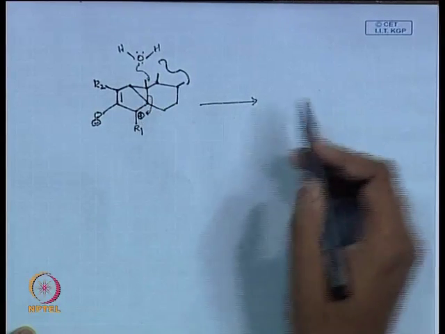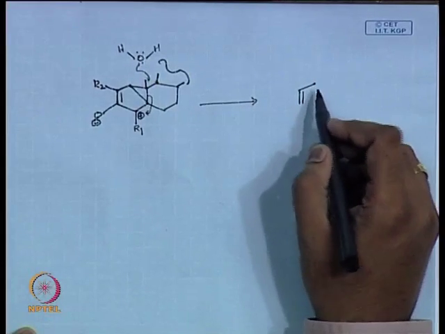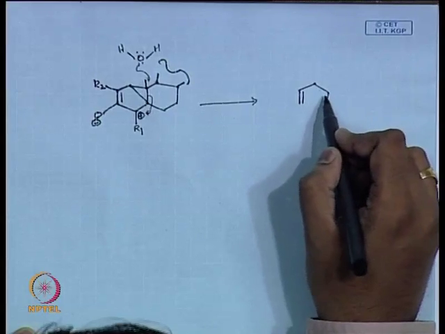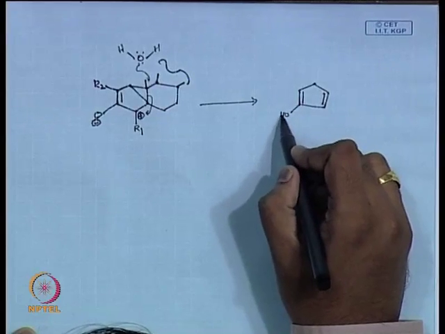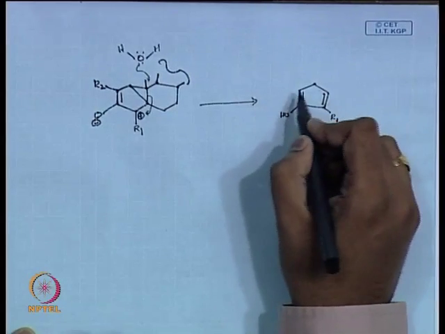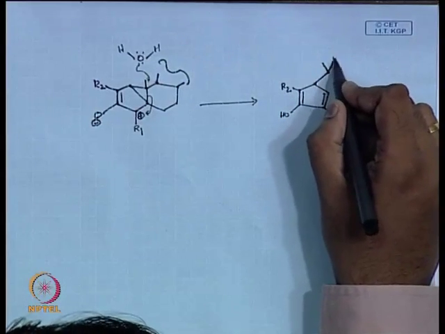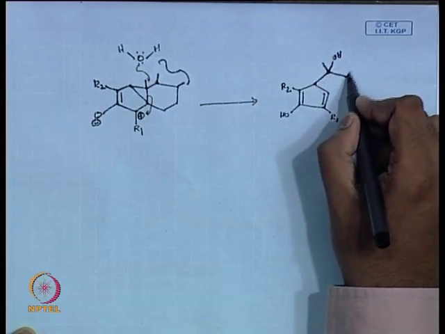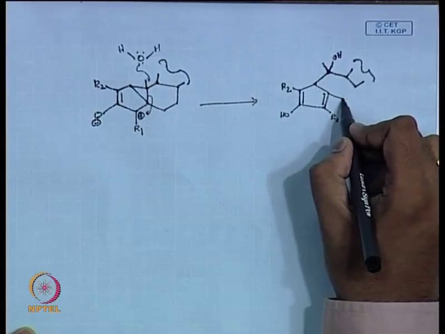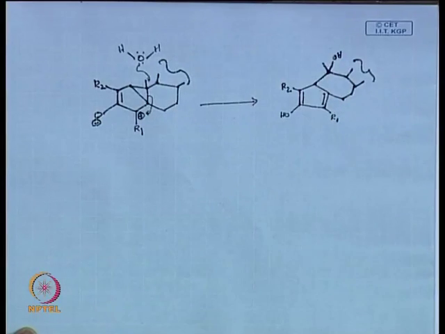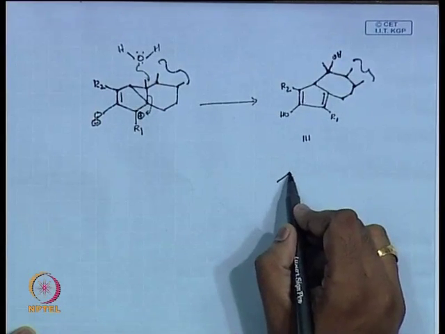Just I am opening this bond, with R1, R2, five and 7. If you want to really draw properly, then you get a system.